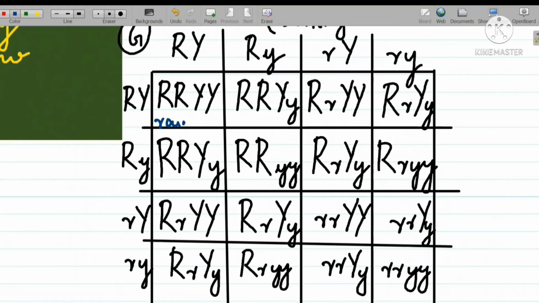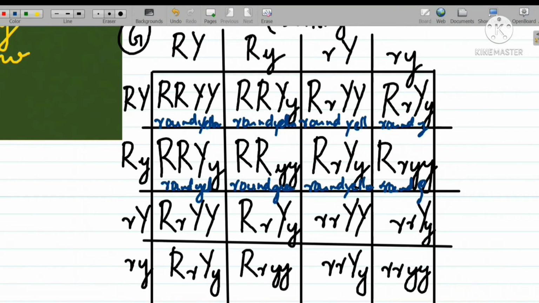So we get here round, yellow, round, yellow, because yellow is dominant, round, yellow. This is round, green, round, green, round, yellow.